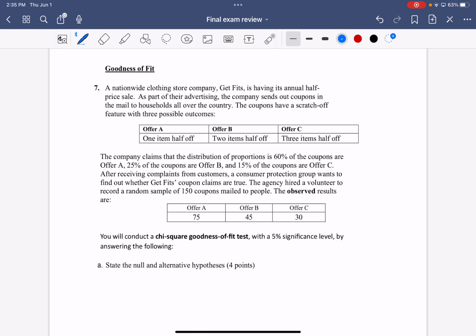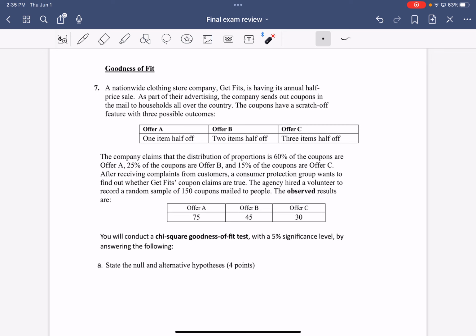Goodness of fit. So this is the new topic. Again, one of the free response questions will be a goodness of fit question. So number 7. A nationwide clothing store company, Get Fits, is having its annual half-price sale. As part of their advertising, the company sends out coupons in the mail to households all over the country.